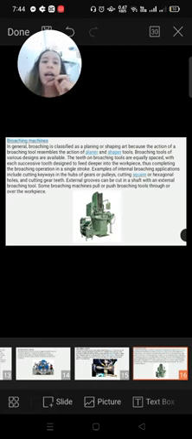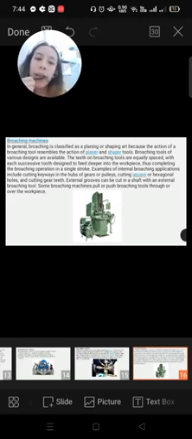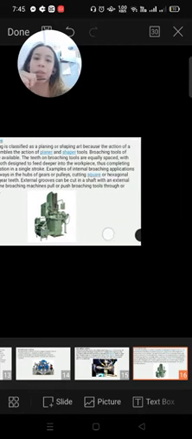Examples of internal broaching applications include cutting keyways in the hubs of gears and pulleys, cutting square or hexagonal holes, and cutting gear teeth. External grooves can be cut in a shaft with an external broaching tool. Some broaching machines pull or push broaching tools through or over the workpiece. So this is the broaching machine, what we call planers and shapers.